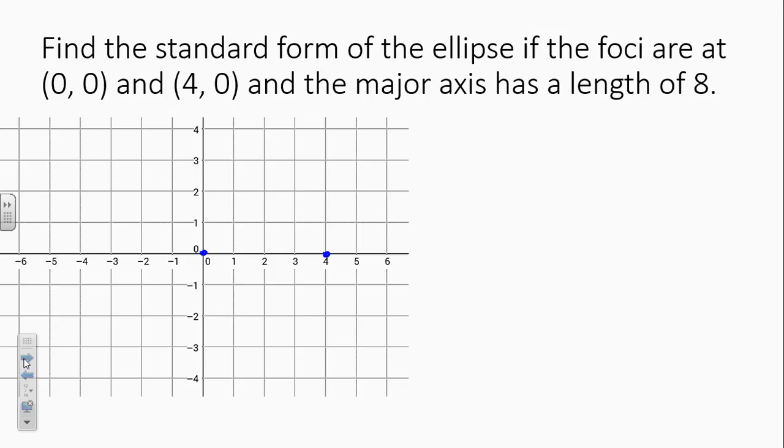So what do we know? We know the center. Center's the midpoint, right? What's the midpoint of those 2 points? 2, 0. So here's our center. We call this F1 and F2.